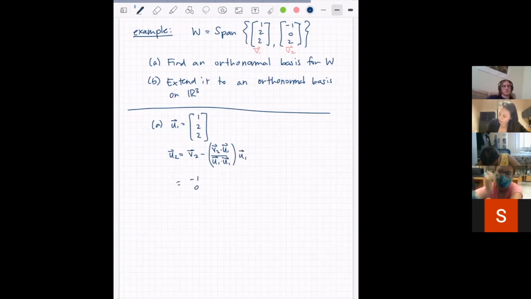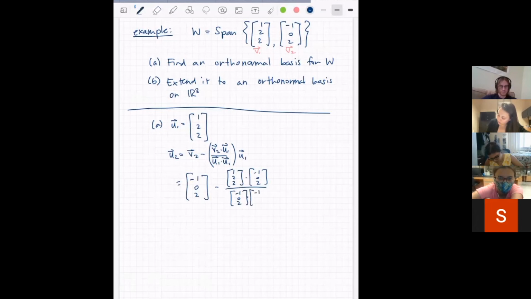So V2 is minus 1, 0, 2 minus this dot product. So if we work out what that will be, okay, I'll write it out. 1, 2, 2 dot minus 1, 0, 2 over this guy times that. Oh, I flipped everything.